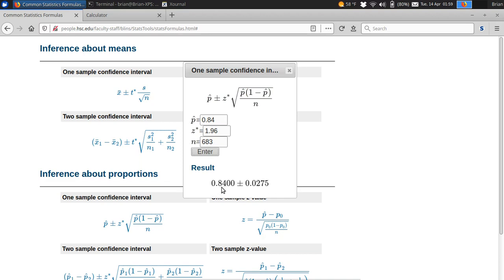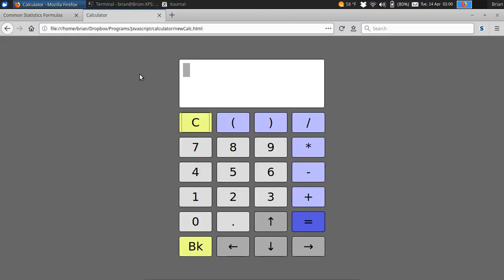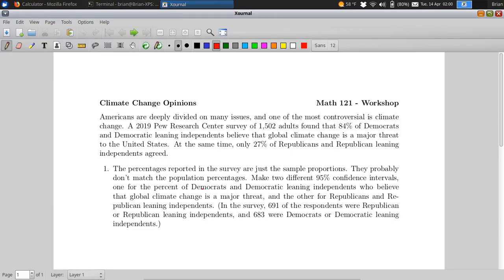There's our confidence interval. It's 84% plus or minus about 2.75%. And if I just use a calculator here, I can do that math. So 84 plus 2.75 is pretty easy. Let's just do minus 2.75, hit enter, and there we go, 81.25. Okay, so I can start typing my answer.